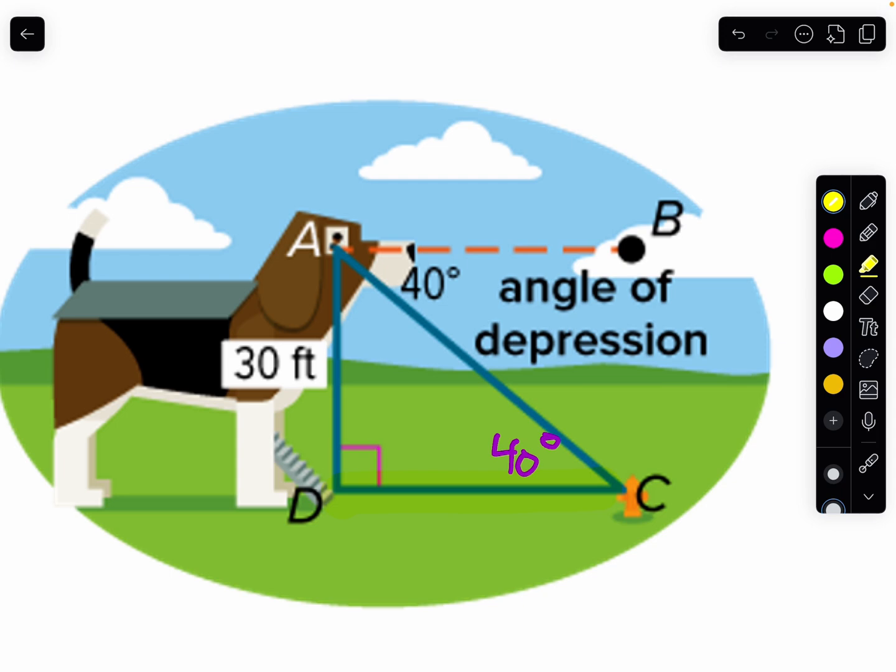Now, we know 30 feet is opposite, and I'm looking for the adjacent, which I'll call x. So that's going to be tangent.